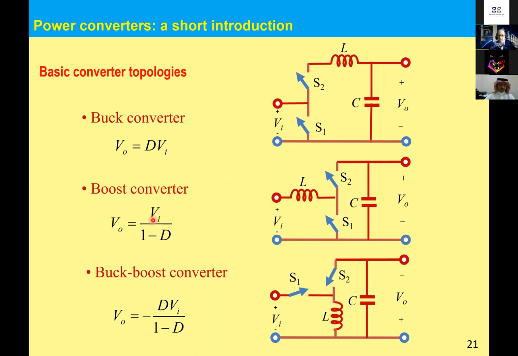I mean, if the duty cycle is between 0 and 1, this formula demonstrates that the output voltage will always be bigger than the input voltage in this boost converter. And finally, we have the buck-boost converter, whose expression for the output voltage is given in the slide. And this can be used either for stepping down or stepping up the voltage at the input.